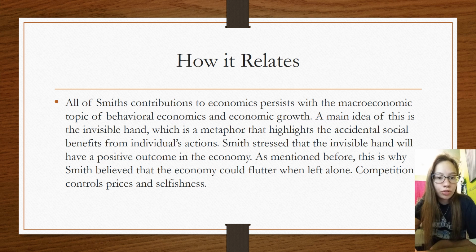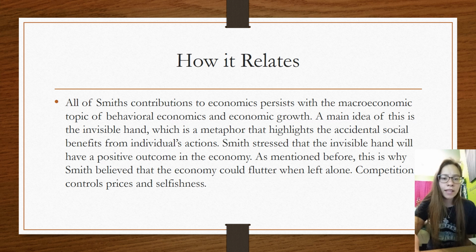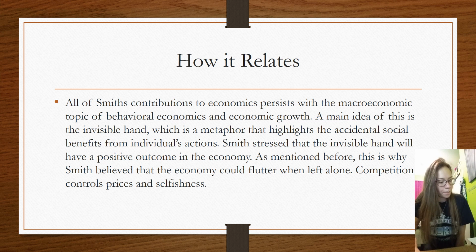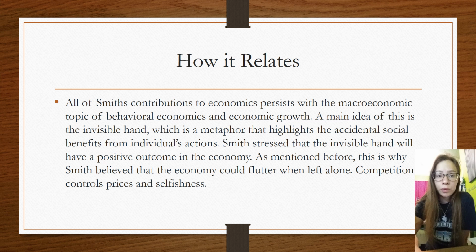Smith's contributions all persist with the macroeconomic topic of behavioral economics and economic growth. An example would be the invisible hand. It's a metaphor that highlights the social benefits from individuals' actions.